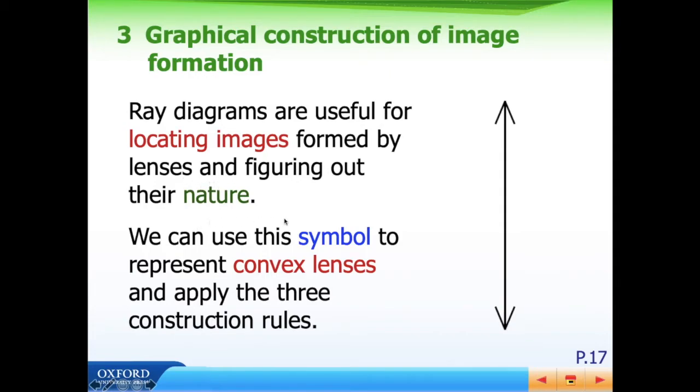We can use this symbol to represent convex lenses and apply the 3 construction rules. This symbol, class, is exactly the symbol that we use for a convex lens. Later in our discussion, we will learn the symbol for a concave lens. Again, we use this for the determination of the image formed by a convex lens in a graphical way.